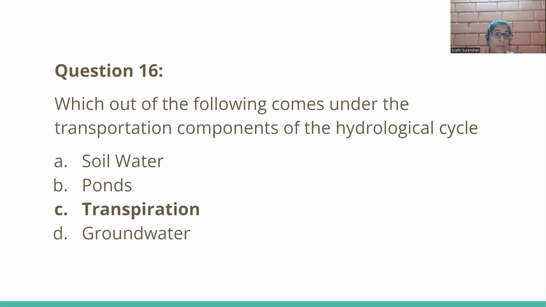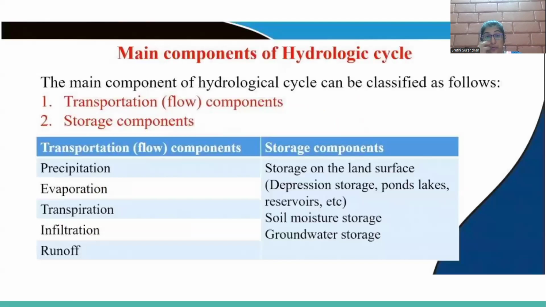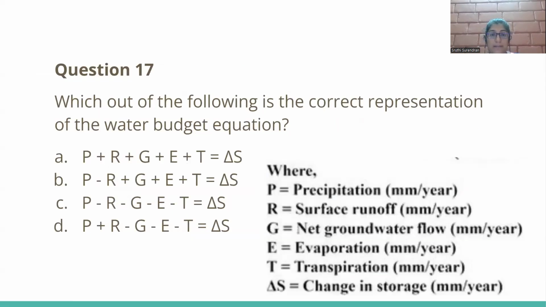Suppose they had given stream flow or river flow, then that would have been a transportation component instead of ponds. Again, in the case of groundwater, if they said groundwater movement, then it would have been a transport component, because they are indicating movement of groundwater. So I hope you get an idea about what the transportation component and storage component are.